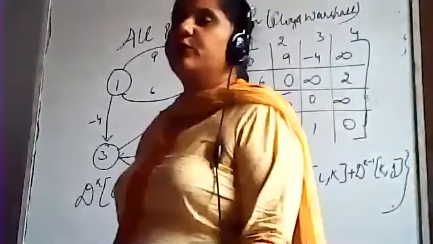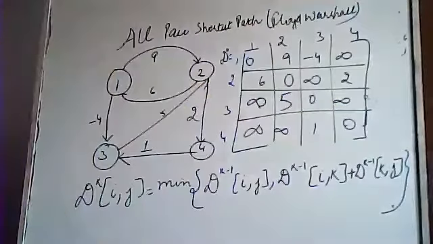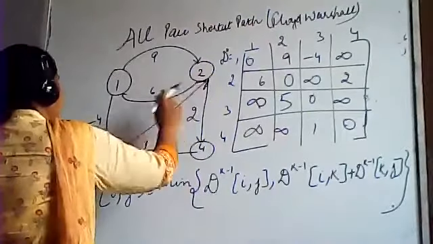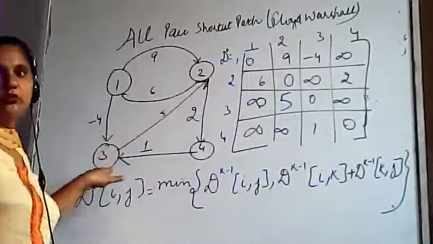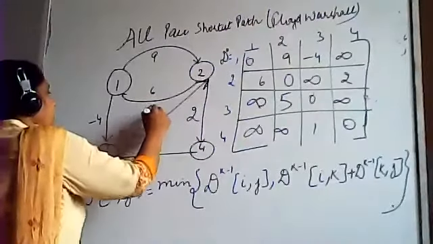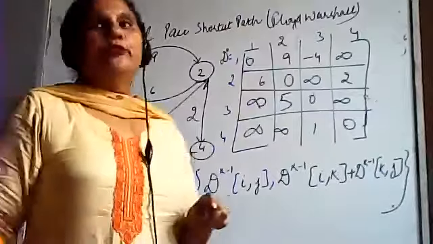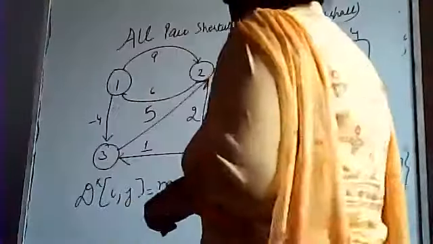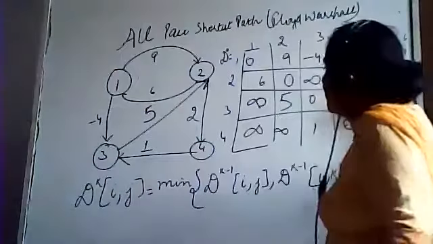Whenever there is no edge, put infinity. Fine. Now 2 to 1, what is the weight of the 2 to 1 edge? 6. Put that. Fine. 2 to 2 is 0. Then 2 to 3, we don't have any edge. So, see, this line is 3 to 2, not 2 to 3. So you will put infinity. Next, 2 to 4 is 2, so put 2.